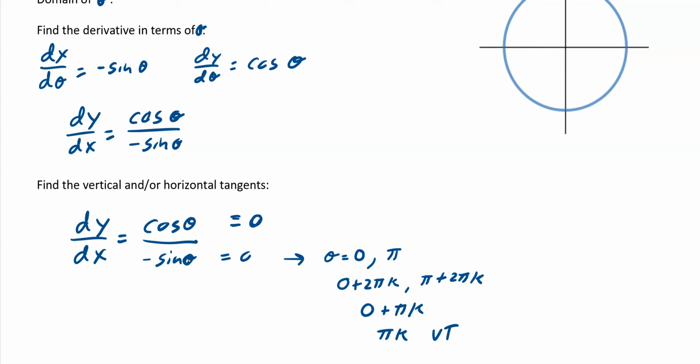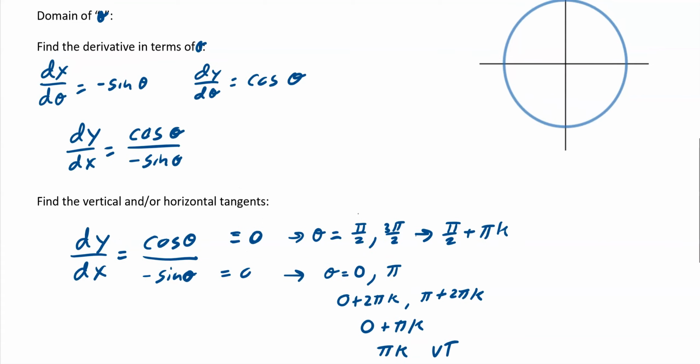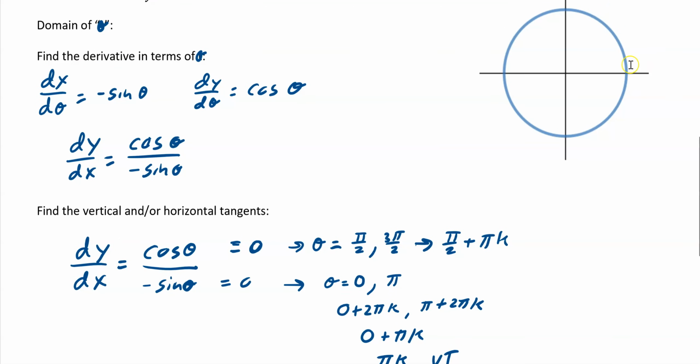And cosine theta is 0 at pi over 2. And then it would also happen again at 3 pi over 2. So using that same rule, we're just going to do pi over 2 plus pi k, every pi. So you remember with our functions, it's the y coordinate for sine, so it would be 0 here and 0 here.